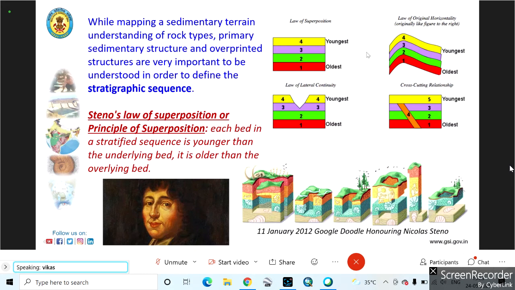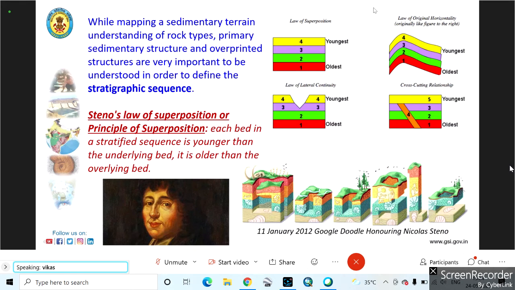So this particular principle is very important in sedimentary terrains. But notice that in a normal sequence, where deformation has not taken place, this principle is very easily understood in the field.